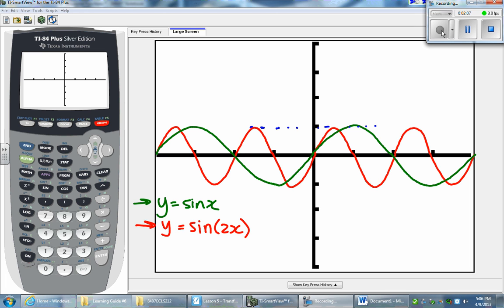If I look at the green curve, let's identify the first positive point of intersection, 0. That point of intersection is 180 degrees. Now I want to see, where did this point of intersection go on my transform graph? Well, that was the first 0. The first 0 on the transform function is right there.